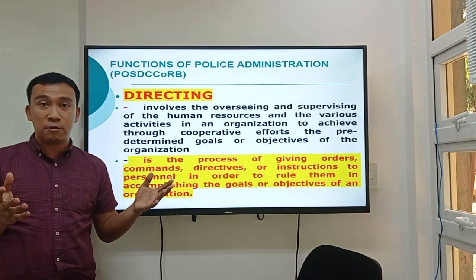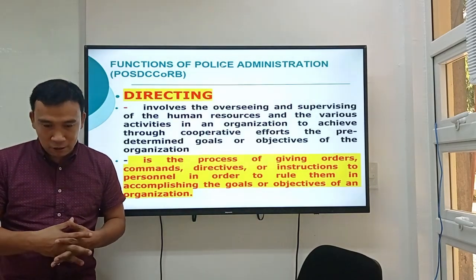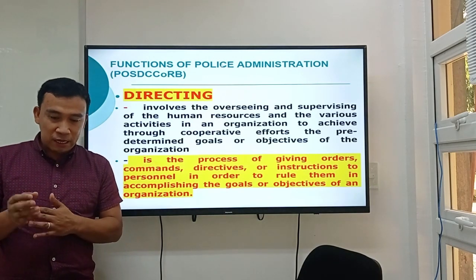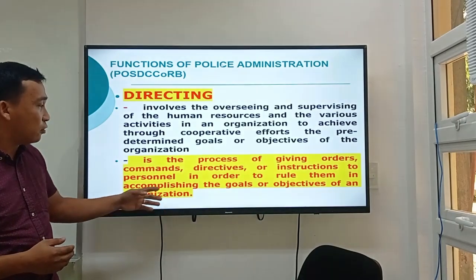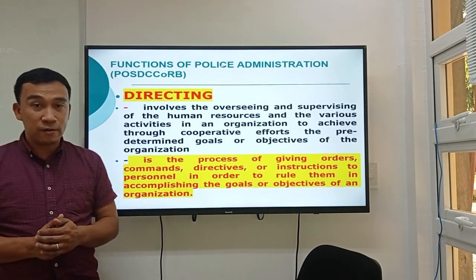It is the process of giving orders, the process of giving commands, the process of giving instruction to personnel in order to accomplish the goals or objectives of an organization.